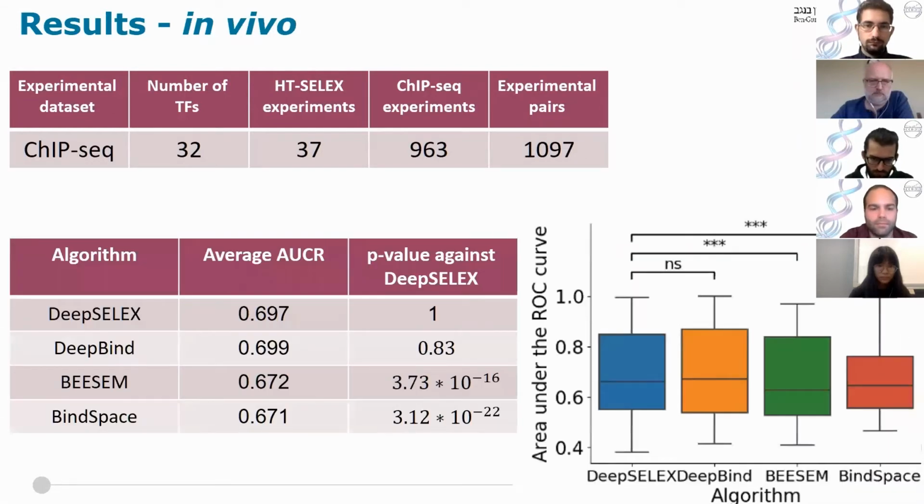We can see that most of the competitors achieve similar results: DeepSELEX achieves 0.697 average area under the curve, and DeepBind achieves 0.699. The p-value between them is 0.83. We can see that this does not show any statistical improvement. This is because, as we talked about before, this is an in vivo dataset, and some of the experiments are deeply damaged, as we show in the original paper.